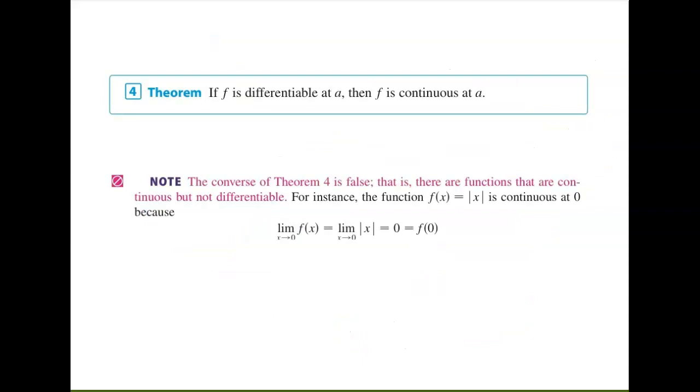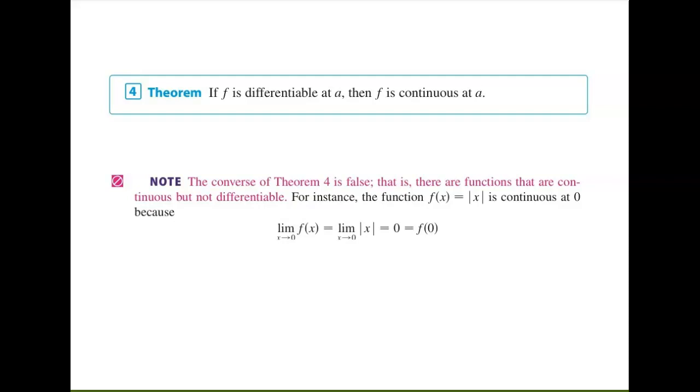Last theorem. If f is differentiable at a point, then it must be continuous at that point. Extremely important. So anytime in the directions they tell you that a function is differentiable everywhere, that means it's also continuous everywhere.